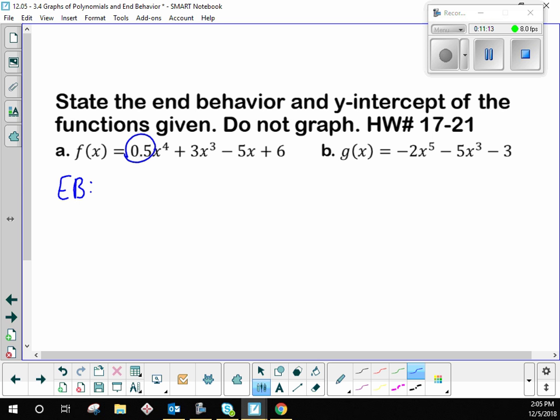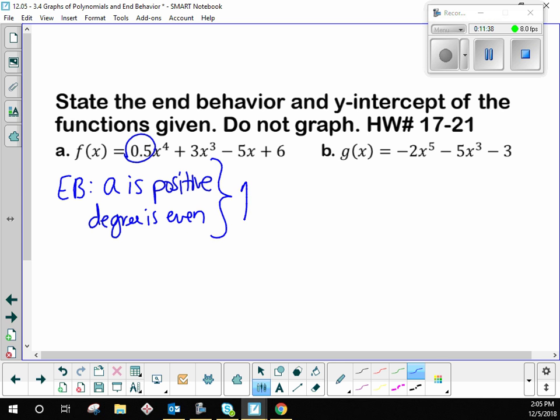So A is positive. And is the degree even or odd? So what's the end behavior when A is positive and the degree is even? Up, up. Just like x squared. Even degree, A is positive, it goes up, up.